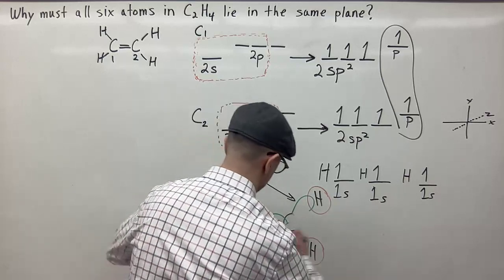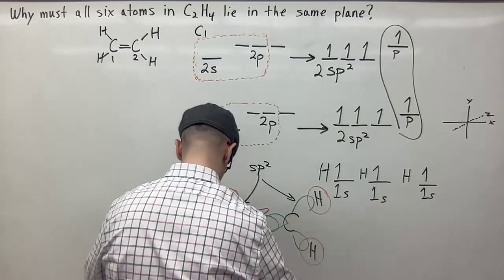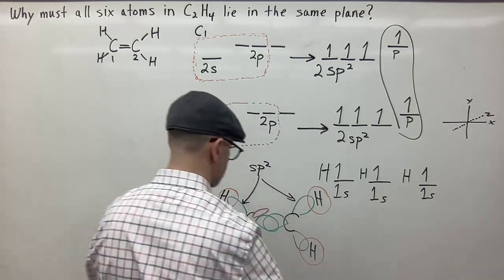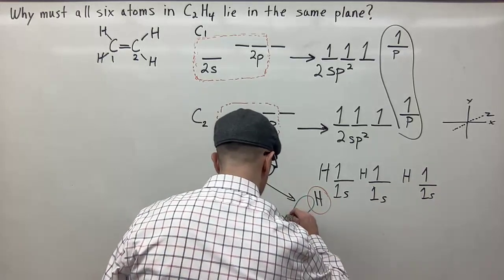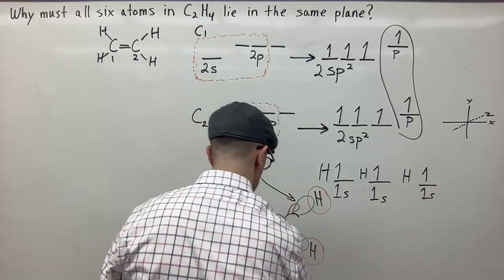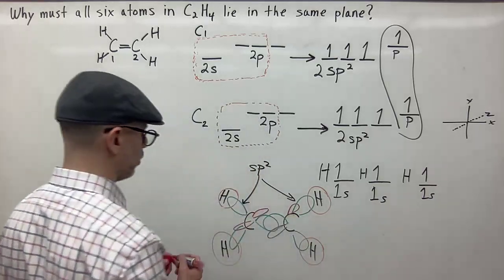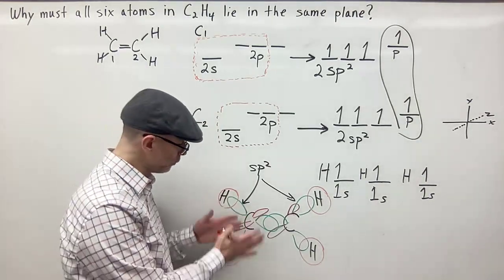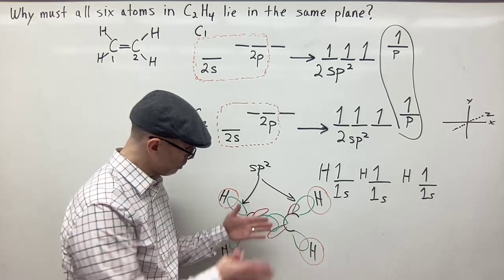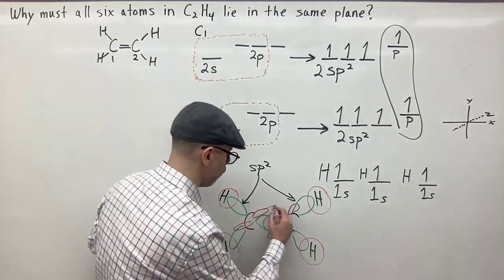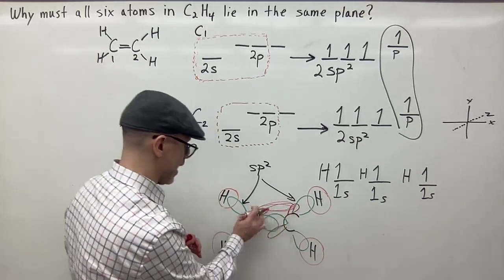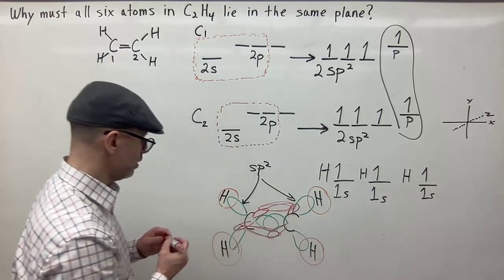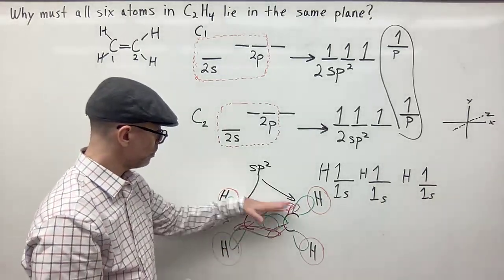So let me do that again. Okay, so then this one will go into the board, this one will come out of the board. And so basically, as best as my artistic ability is going to be, the red will be coming out of the board perpendicular. And so then you get this overlap between these guys here that are going into the board and between these guys here coming out of the board, and that's your pi orbital.